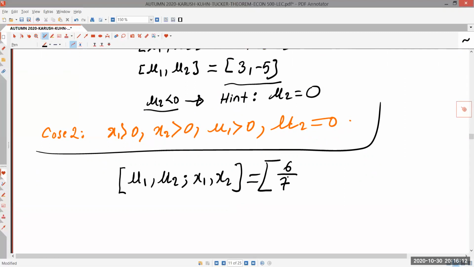So mu1 is positive. That is good. Anyway, we fix the value of mu2 to be 0. And the x1 here, you get it as 10 divided by 7. And the x2, you get it as 2 divided by 7. Right? This is what you get.